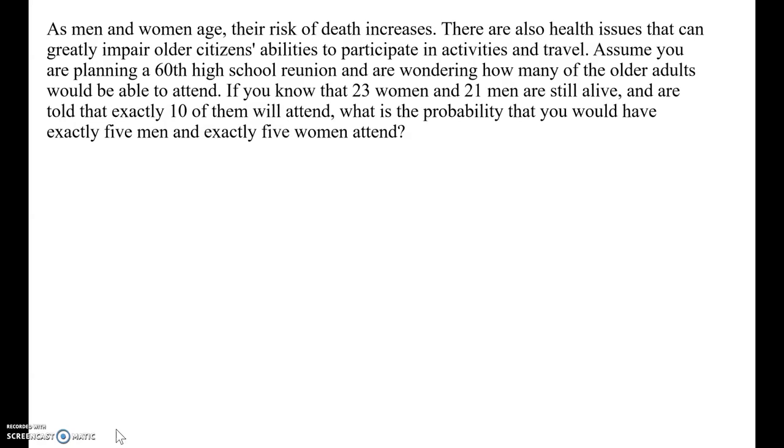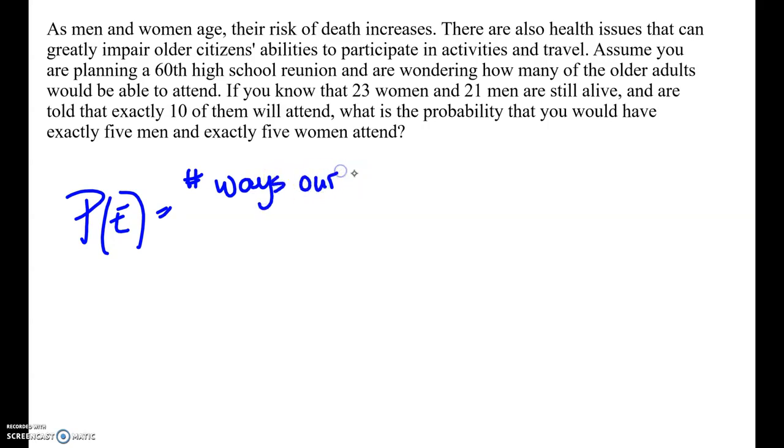Well, remember that the probability of an event is the number of ways we can get our outcome divided by the total number of ways we can get the selection in total.